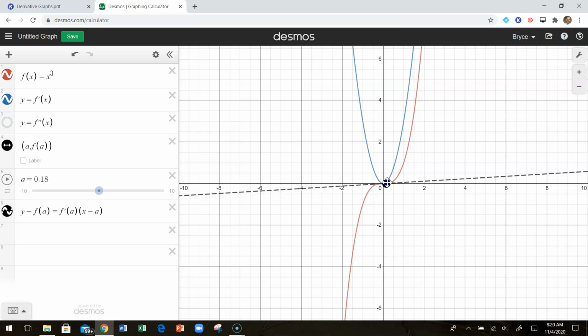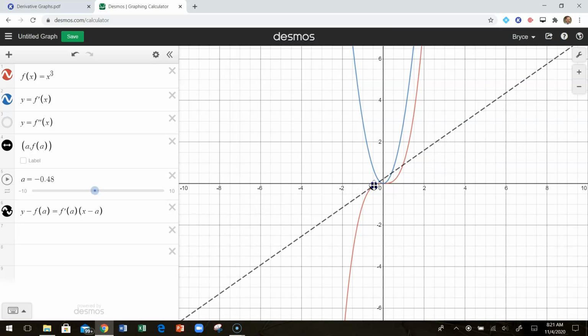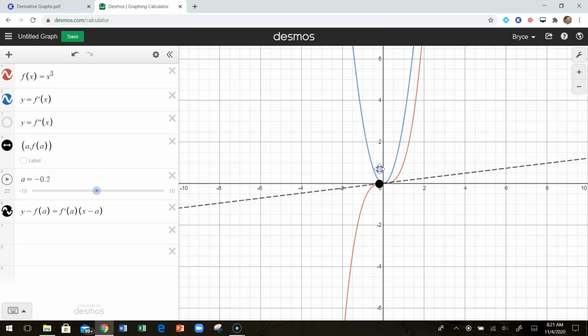And then it's positive to the right, a smaller positive, but then increasingly more and more positive. And then over here, it's also positive, small positive, but if I go further to the left, increasingly more and more positive.